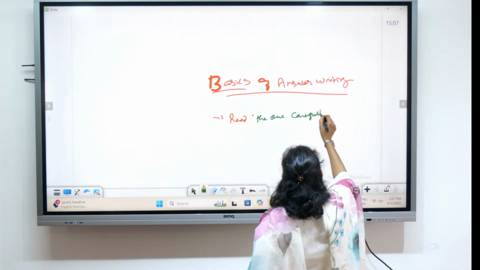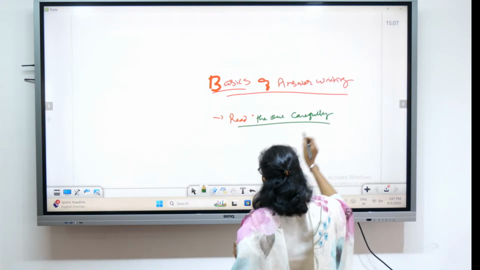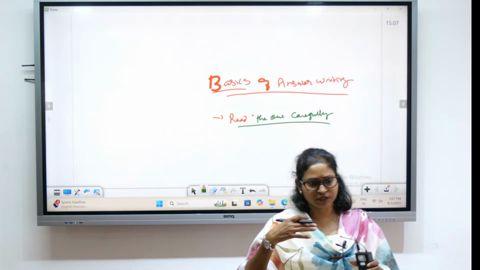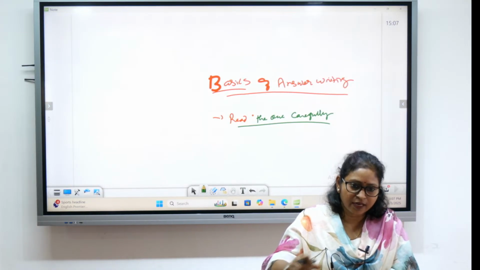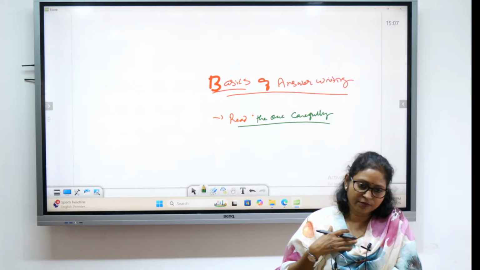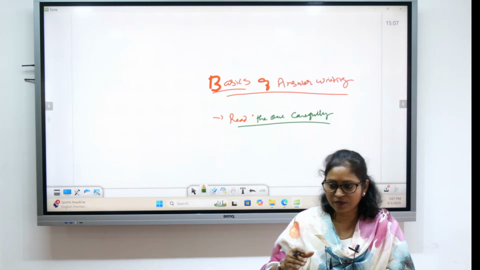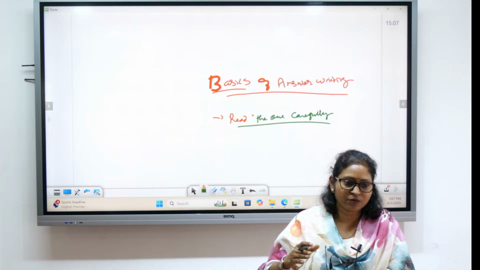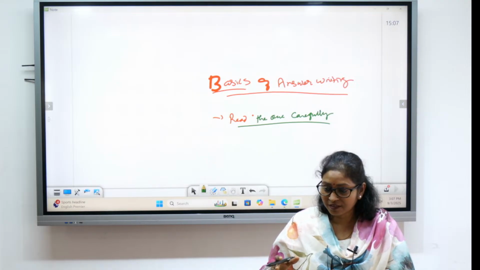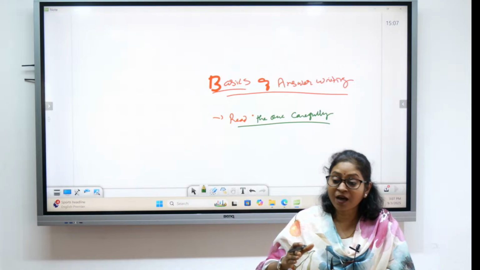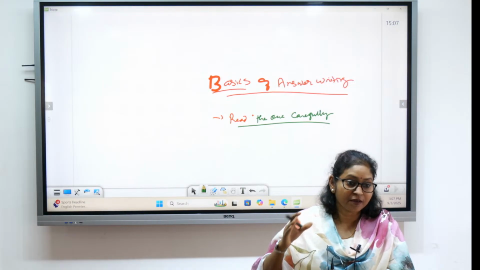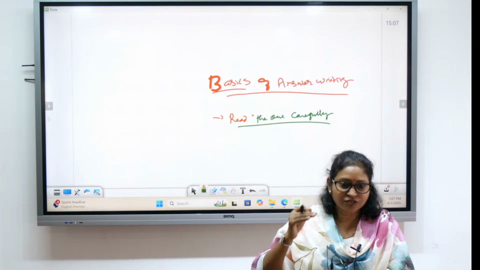That's extremely important, because many a time we don't read the question and we jump into writing the answer. That is where we think we have written a very good answer, but actually we have not fulfilled the demand of the question. So it is not just about writing, it is answering the question.